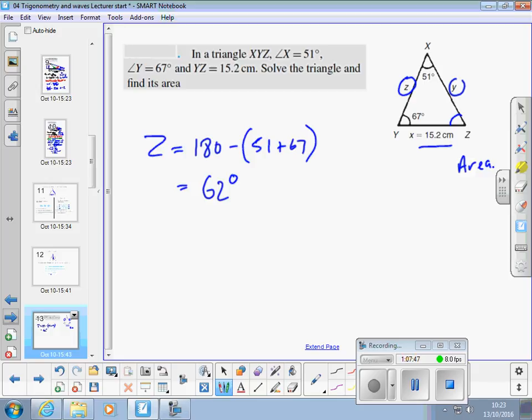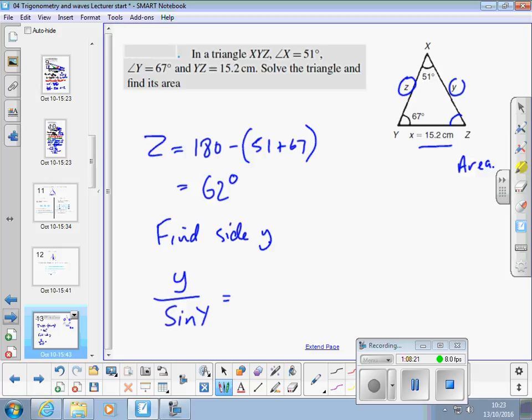How could we find the side Y? Sine rule? Yeah. We can go Y over sine Y is equal to... we wouldn't use the angle Z here because we don't know the side Z either.